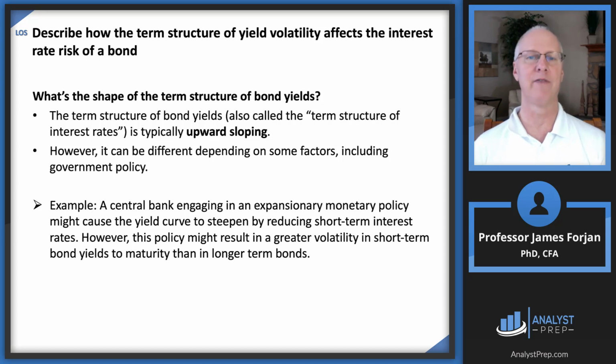This is going to have an effect on the slope of the yield curve, which will affect the interest rate risk on the bond because it will affect things like the yield to maturity on the bond and future coupon rates on the bond. And so what do we know? That yield is going to affect duration, and that yield is going to affect convexity. So there's a simple answer to this LOS of describing.